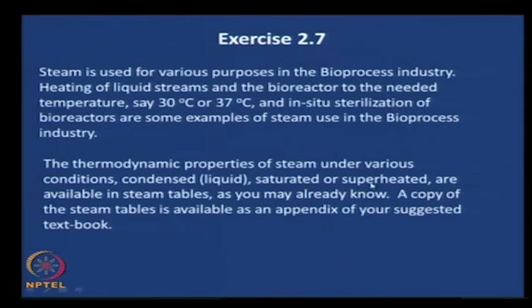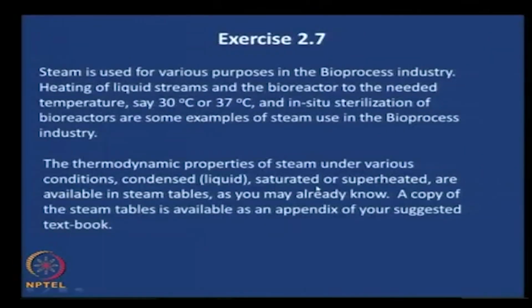Or if you look at a PV diagram, pressure versus specific volume, we had a dome, and the conditions inside the dome correspond to the saturated conditions. And superheated, of course, we know it is completely a vapor. Therefore, these two are the ones that are usually of interest to us.